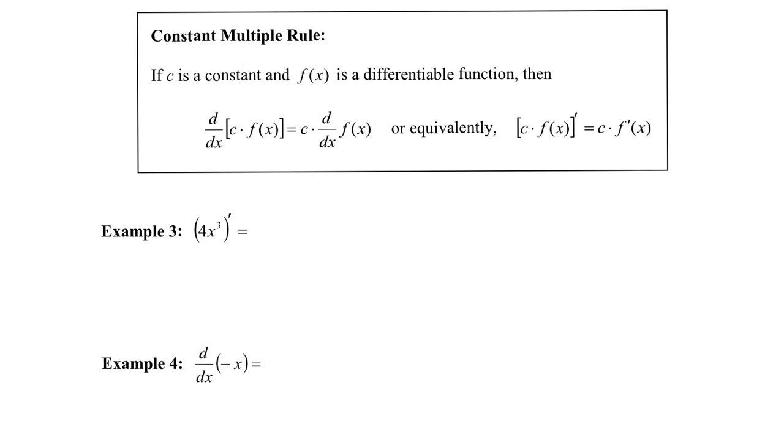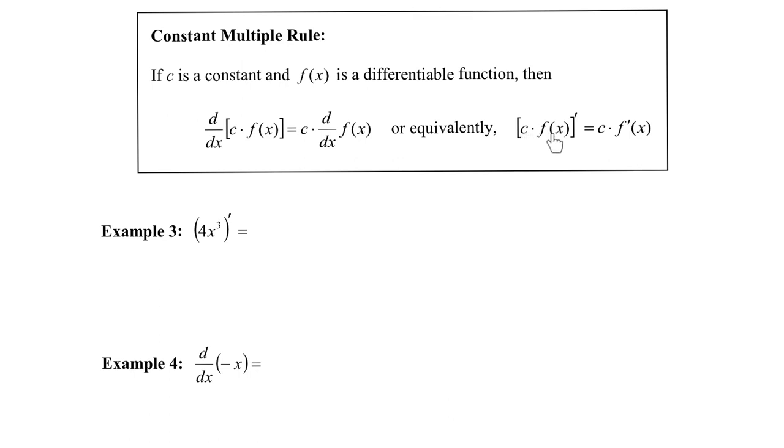Okay, so the constant multiple rule just says if c is a constant and we've got this differentiable function f of x, then the derivative of a constant times the function, we can move this constant out in front of differentiation and then take the derivative of the function. And so with this other notation, we use the prime to mean derivative.